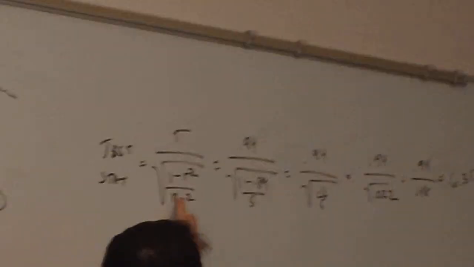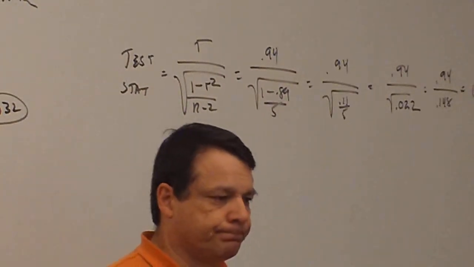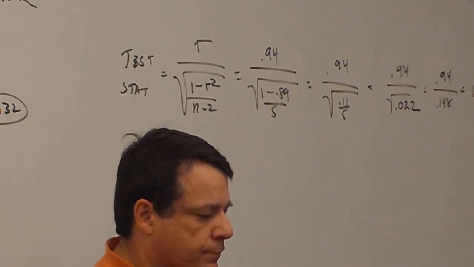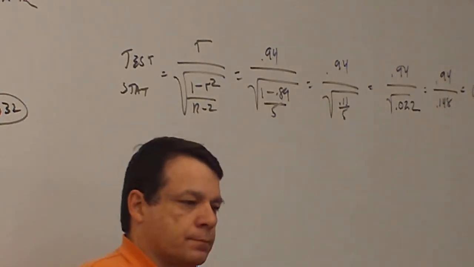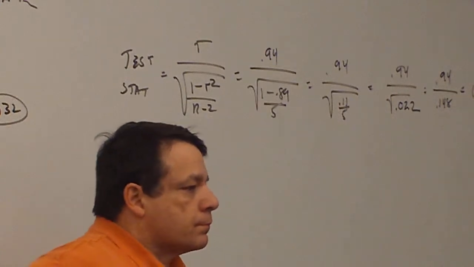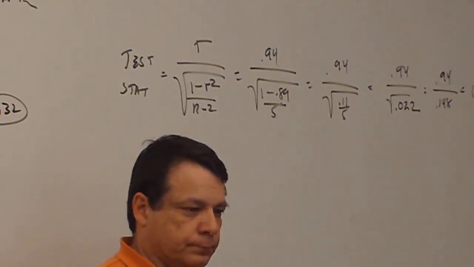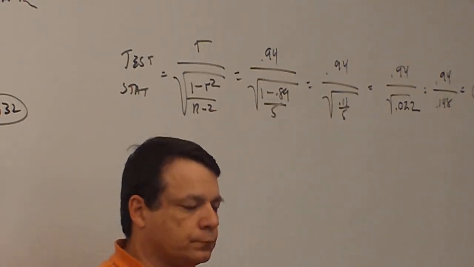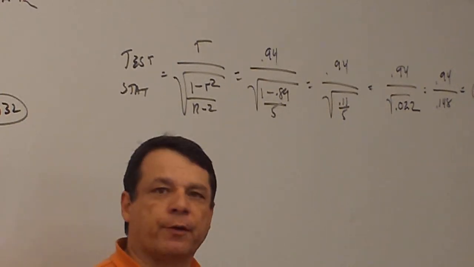Oh, okay, so it's 7 minus 2. Yep. That's all there is to it. Is everyone okay with that?